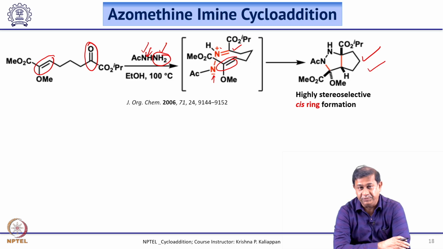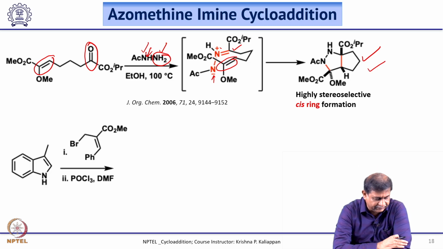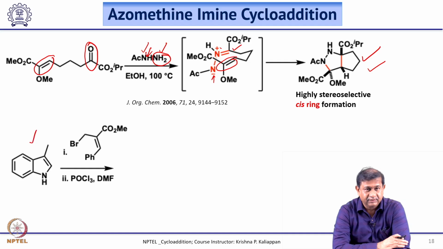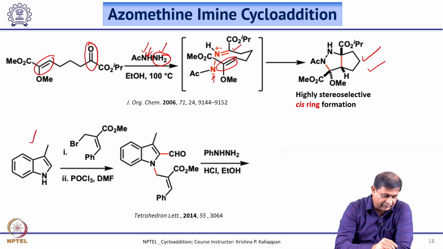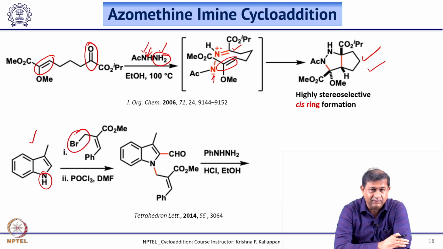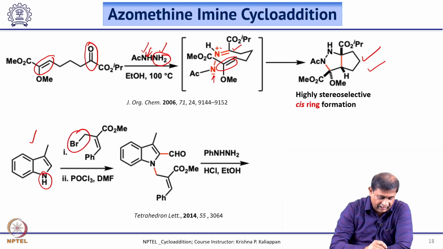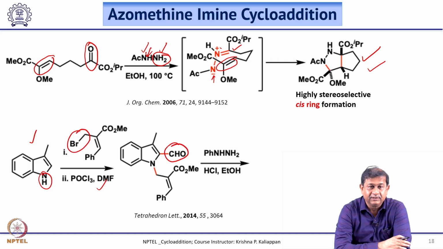this reaction could be. If you look at this example, this is 3-methyl indole. In the first step, this NH is being alkylated with this allyl bromide. In the second step, the aldehyde is being introduced using the Vilsmeier-Haack reaction.